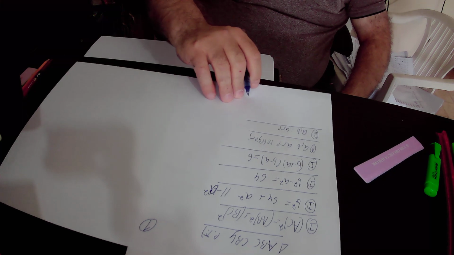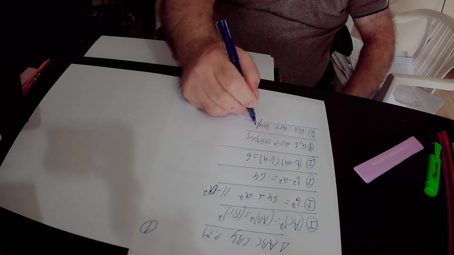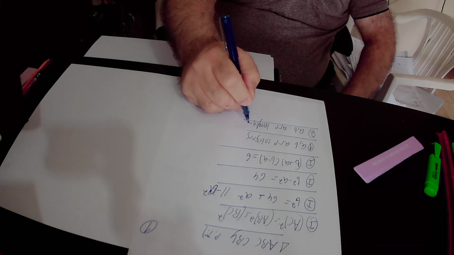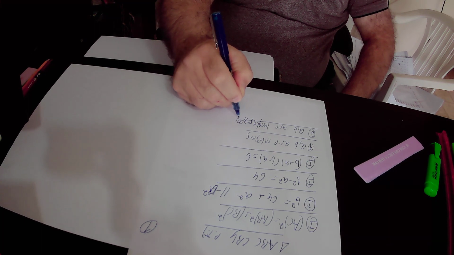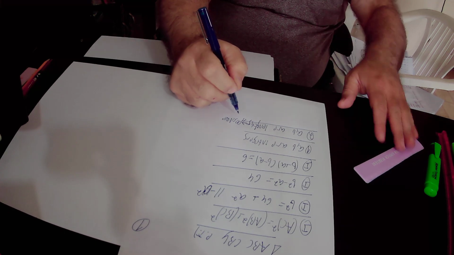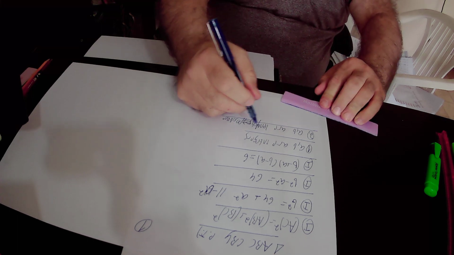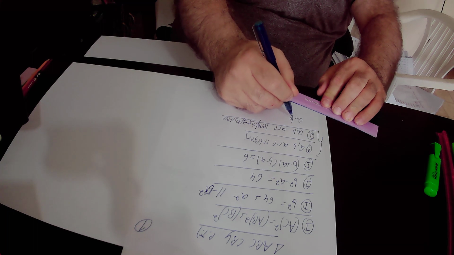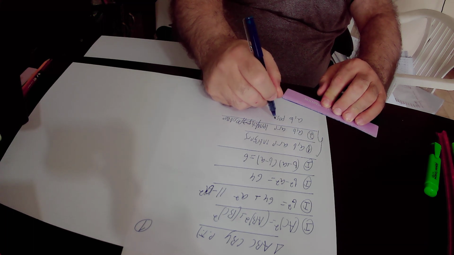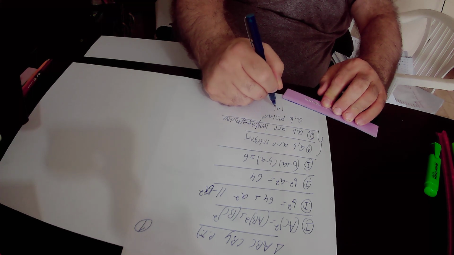As lengths, they must be positive numbers. So actually from 1 and 2 we get that A and B are positive integers.